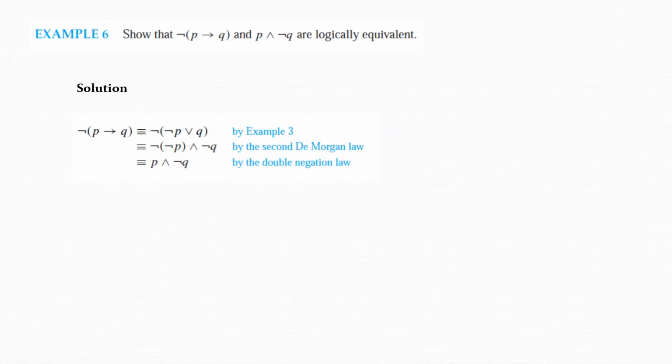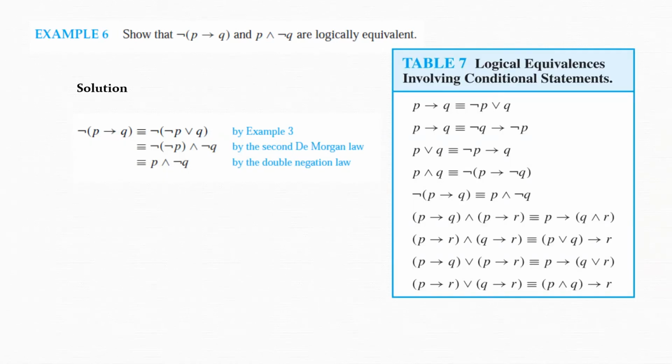In table 7, we have a result, an equivalence relation between propositions: P implies Q is equivalent to negation P or Q. So whenever you have a proposition with a conditional or biconditional statement, you have to get rid of it.